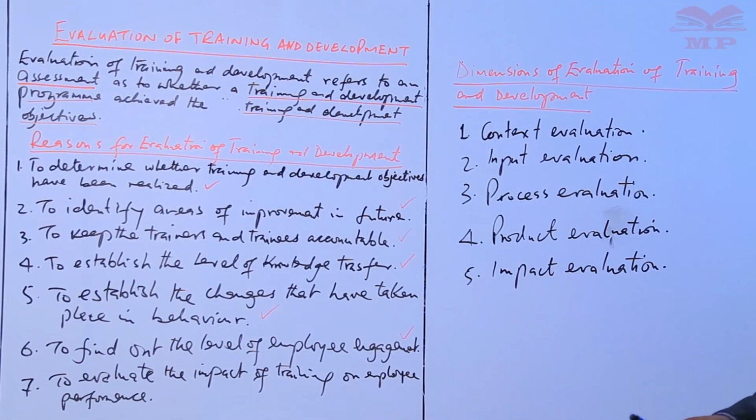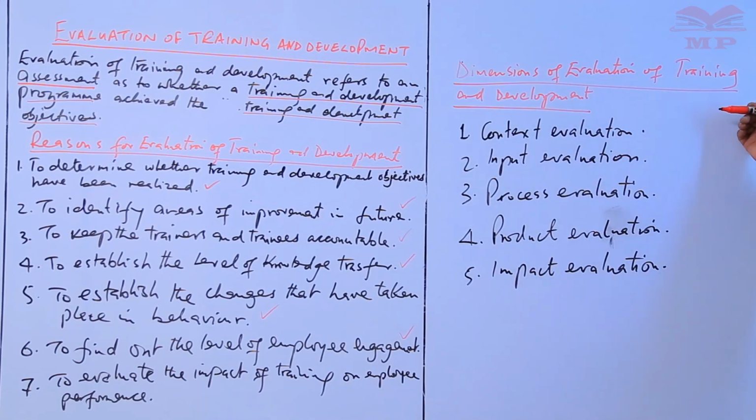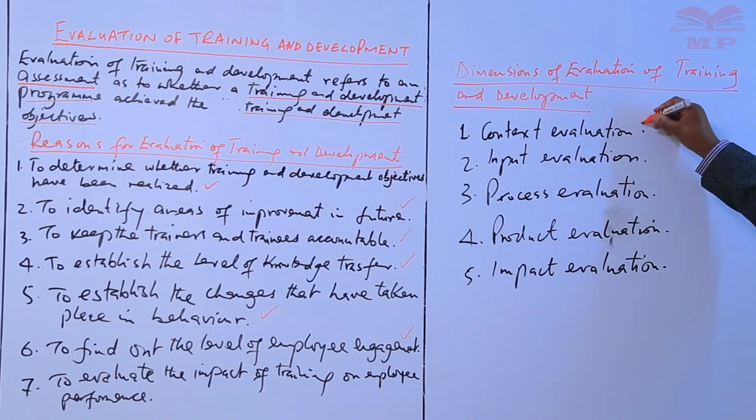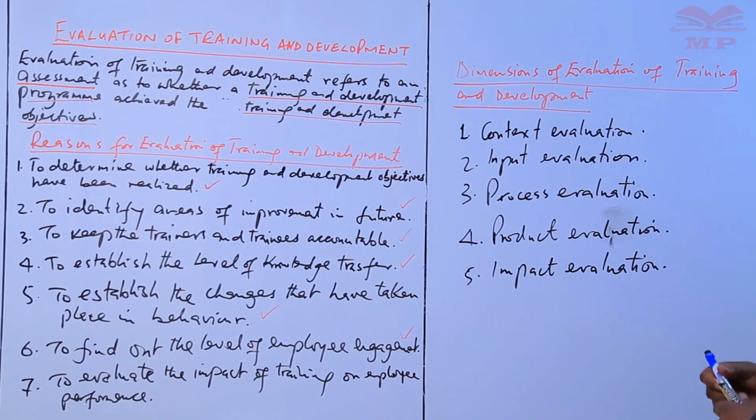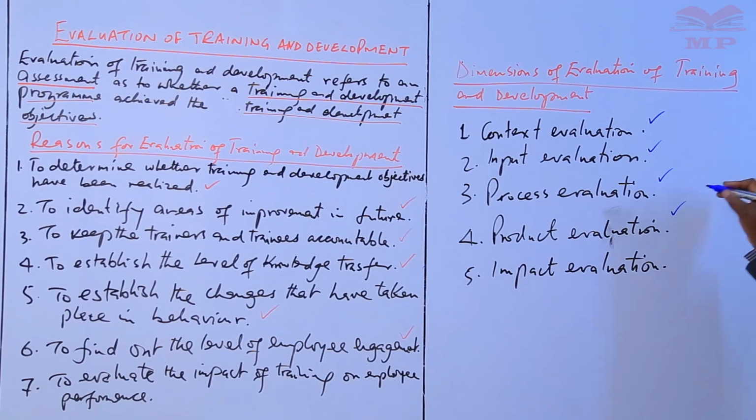So dear learner, we have looked at the dimensions of evaluation of training and development, where we have said there is what you call context evaluation. First one is context evaluation. We have also looked at input evaluation, process evaluation, product evaluation, and impact evaluation.